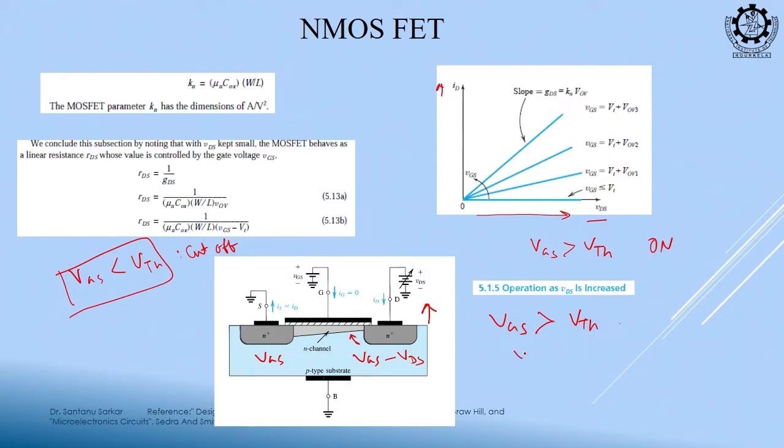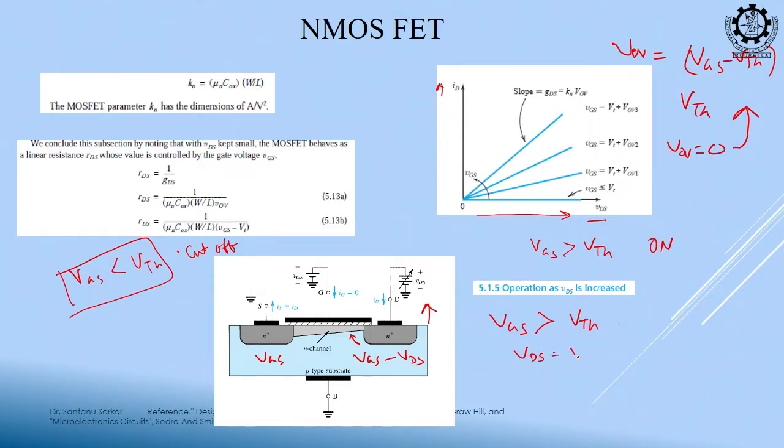When your channel is formed at this VGS minus VTH, after this your channel just starts to form. So, beyond VTH your channel starts to form, or otherwise when VOV is 0, meaning VGS is equal to VTH, after this your channel starts to form.